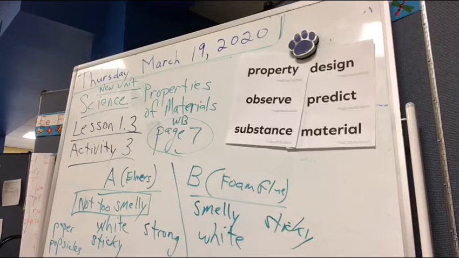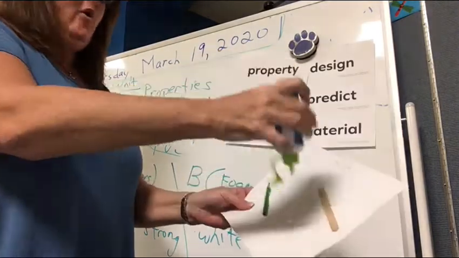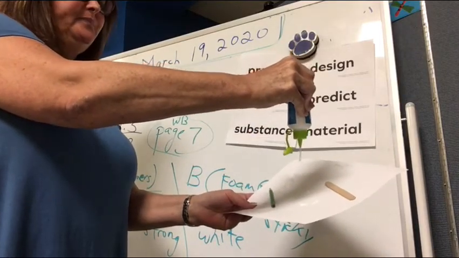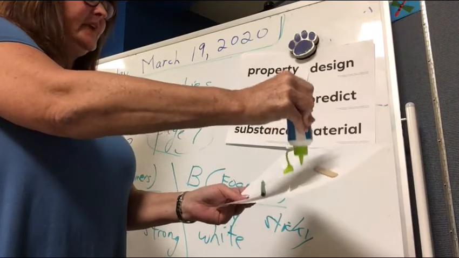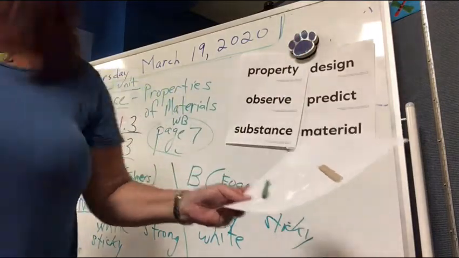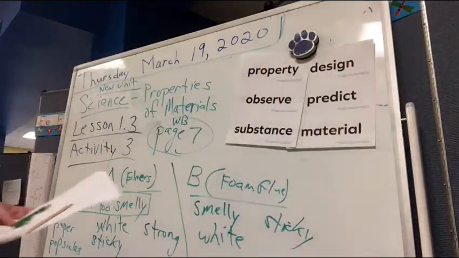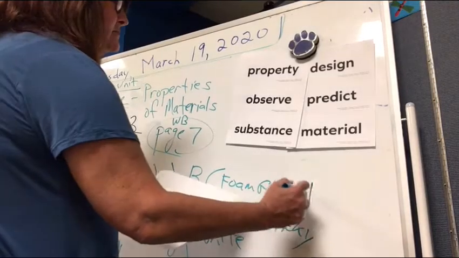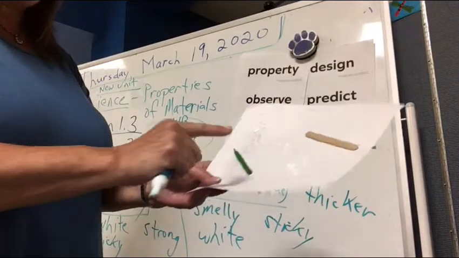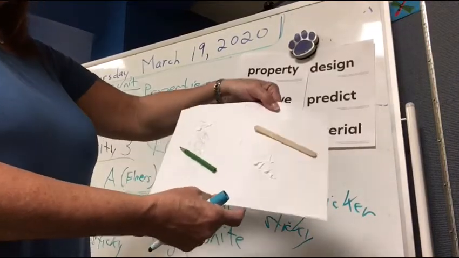Now, our foam glue. The Elmer's glue came out pretty quickly. Our foam glue is spilling out quite slowly. I'm going to say it's a little bit thicker than the Elmer's glue. And I glued on a colored pencil and the popsicle stick.